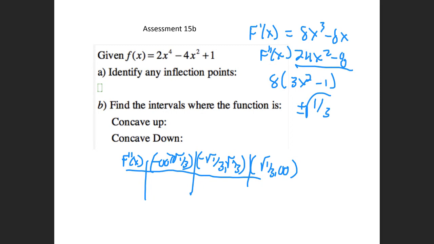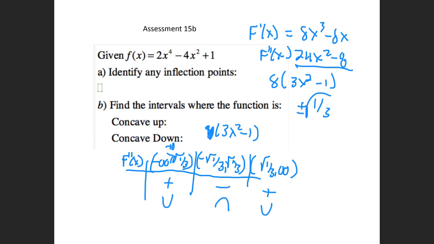I'm just going to use negative 10, and I'm just going to use 8 times 3x squared minus 1. I don't even need the 8 because that's always positive. So if I put negative 10 in here, that's going to be positive. If I use 0, that's going to be negative. If I use 10, it's going to be positive. So concave up, concave down, concave up.